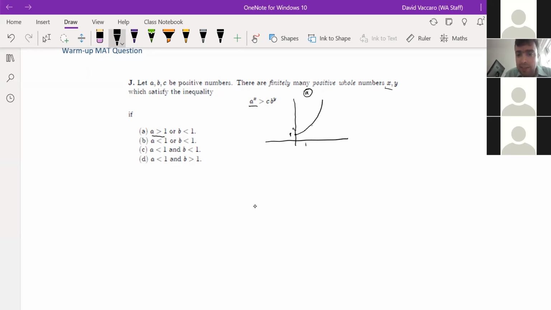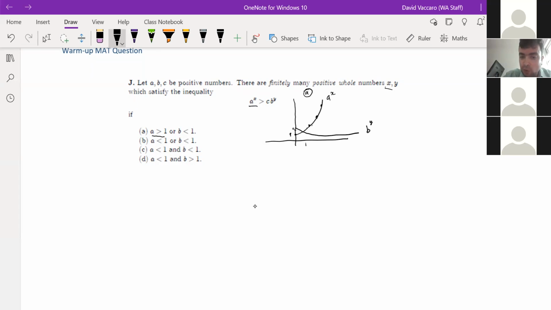Now, b to the x, if b is less than 1, will be a decreasing exponential function. Imagine if b is equal to a half. We go half, then a quarter, then an eighth, and so forth. Now, it will start at c. But what we can see here is that for lots and lots of whole number pairs, a to the x is going to be above c b to the y.